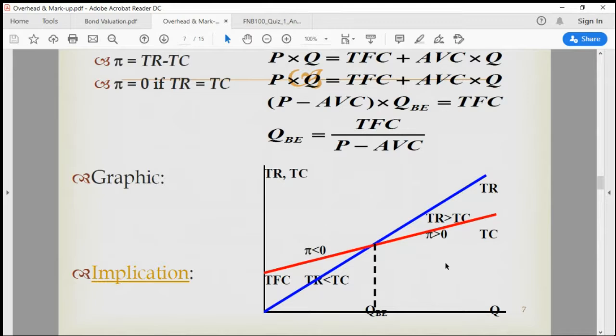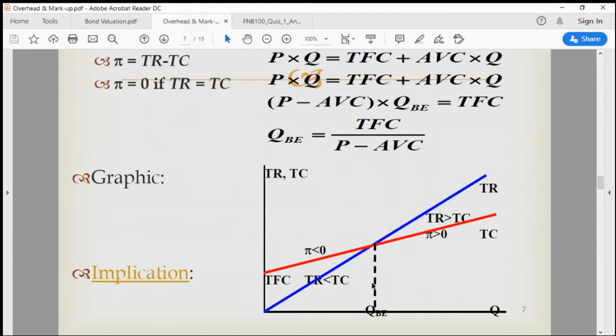They usually point to this point and call it the break-even point. That's right. This is the break-even, the point of intersection between total revenue and total cost.